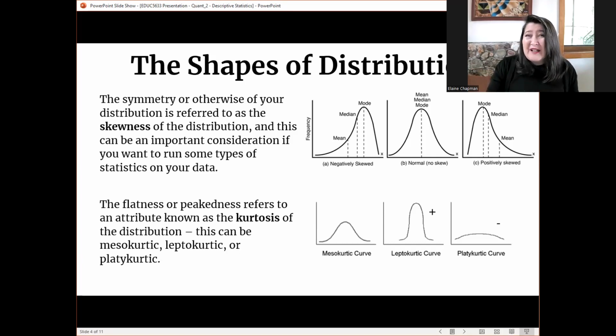If you have what we call a leptokurtic curve or distribution, this basically means that it's peaked. If you have a peaked distribution like the one in the picture on the PowerPoint, it means you've got a central point for your distribution, and then the other scores are very tightly packed around that central point.